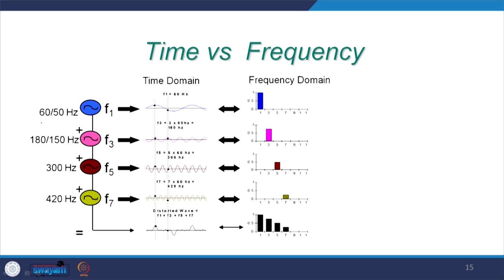In case of a 50 hertz or 60 hertz supply, this is the fundamental, and you will have a frequency like this, and it is 360 degrees. If you have the third harmonic, it will be a cophasal component of the 60 hertz or 50 hertz, so it will be shifted here.